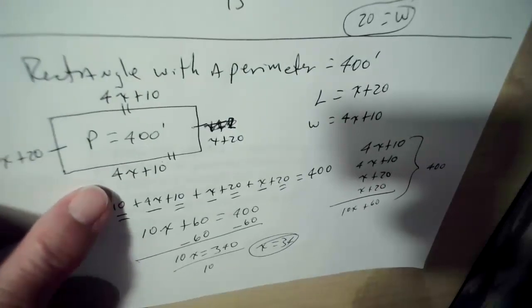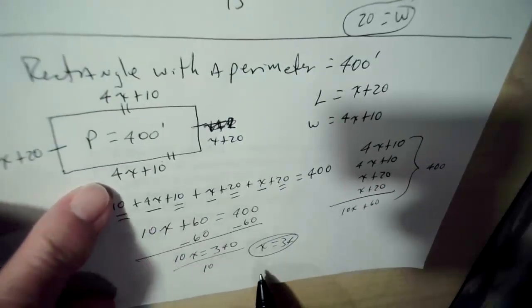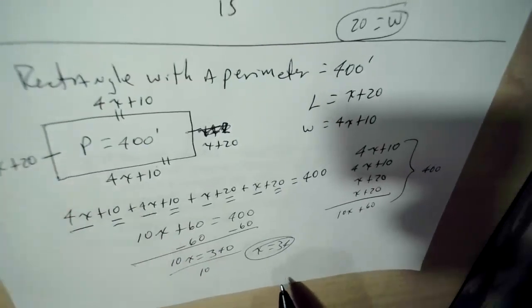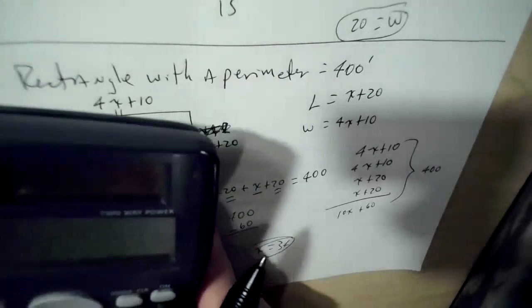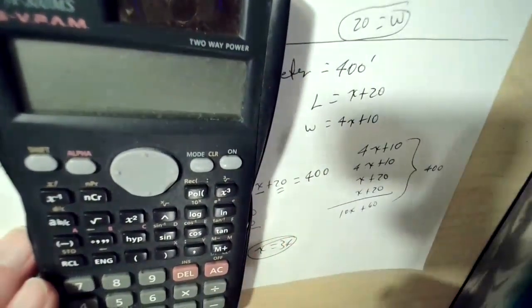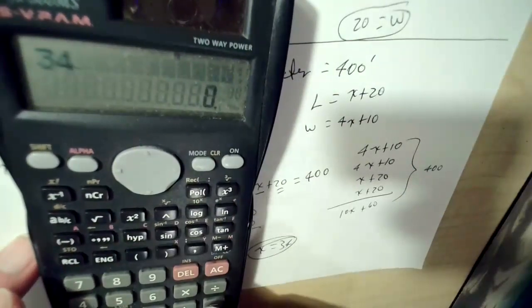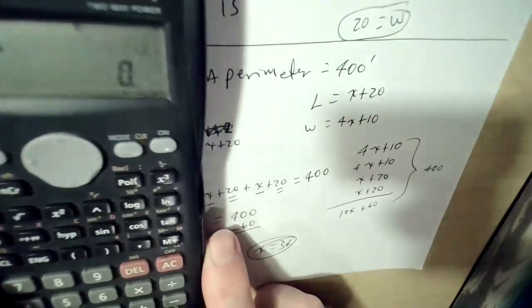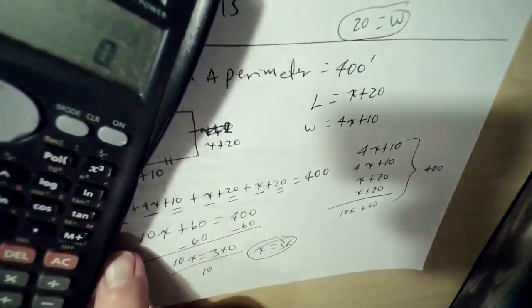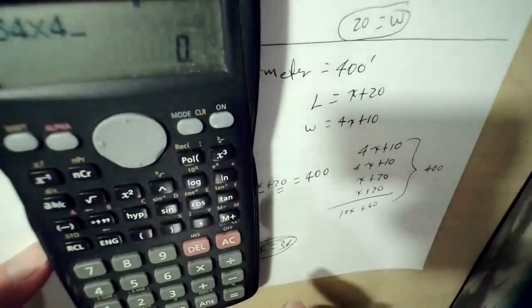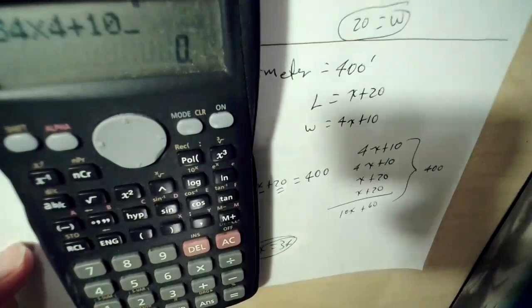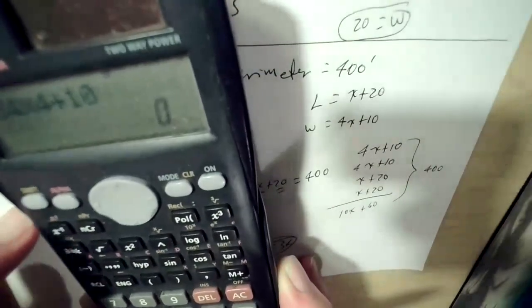Is that our answer? No. Remember, we want to know what the dimensions are. So 4 times 34, I'm going to have to use my calculator. 34 times 4 plus 10.